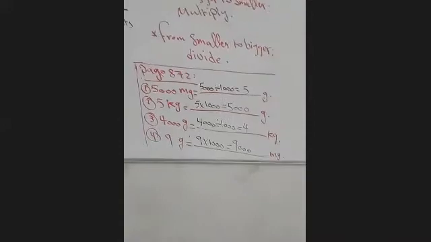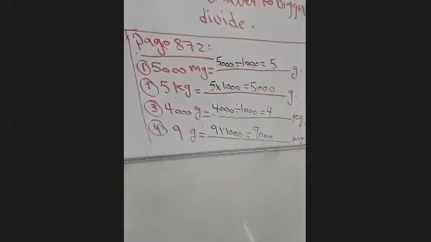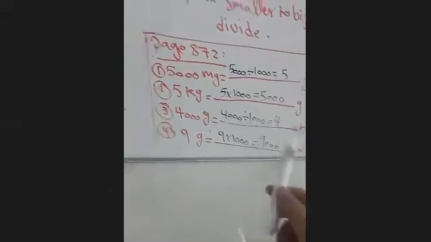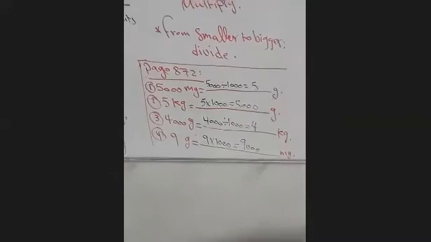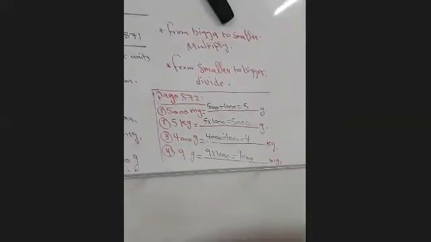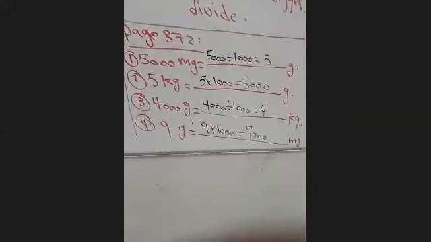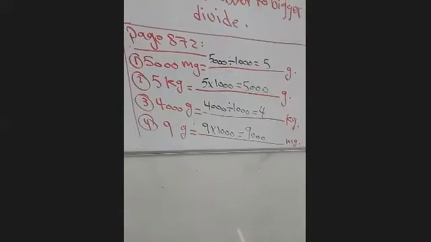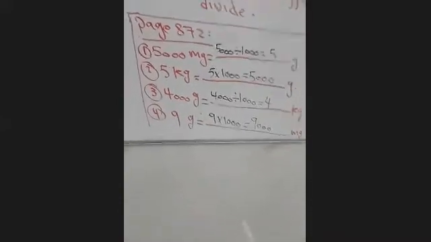These are the 4 questions on page 872, and I was solving them to show you how we use these 2 relations in converting between units. Hope you wrote each of these 4 questions, guys. Write them, please.